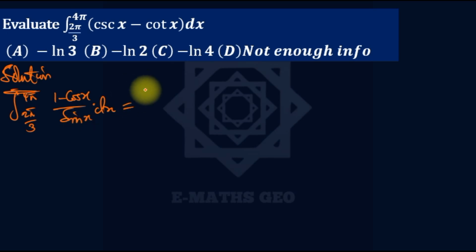And from our double angle identity, we can write the numerator as 2 sine squared half x, and from our half angle identity, the denominator as 2 sine half x cos half x.